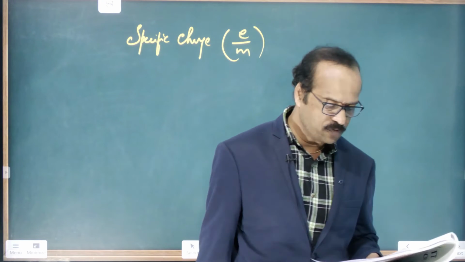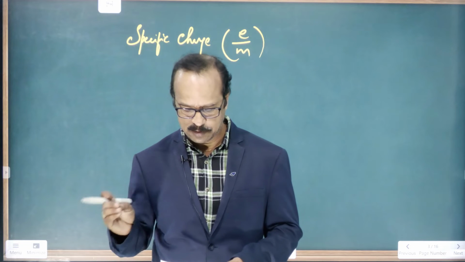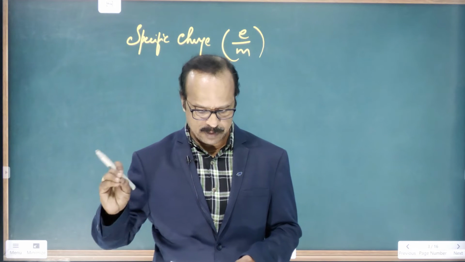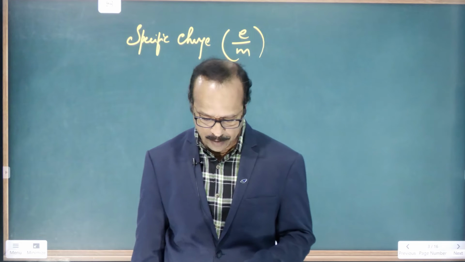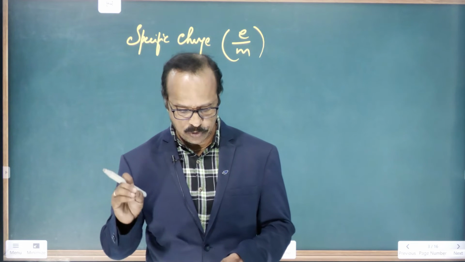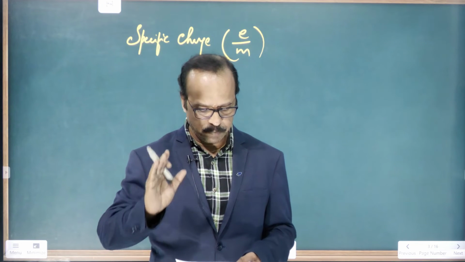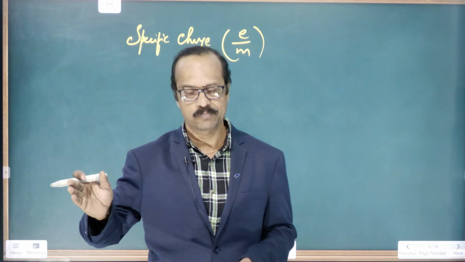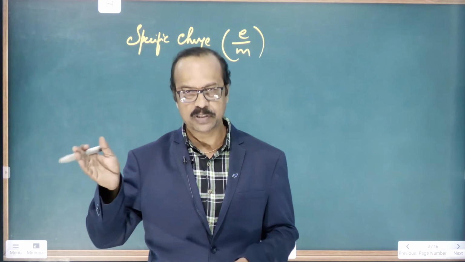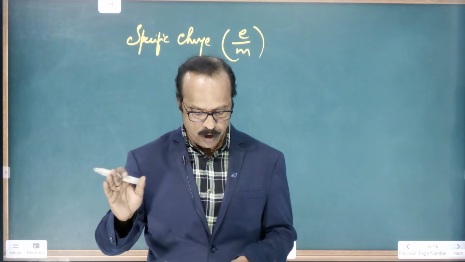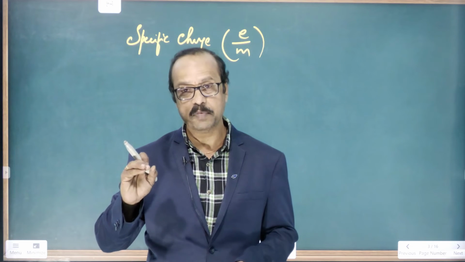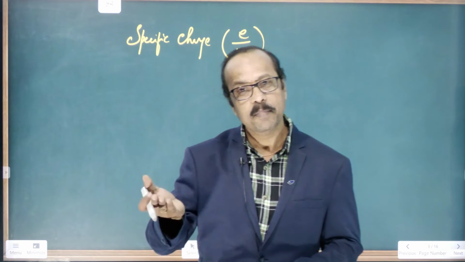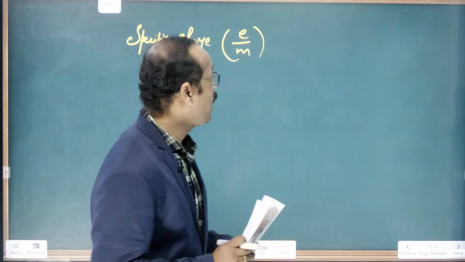The specific charge for positive rays is much less than the specific charge of cathode rays. Why? Option C: positive rays are positively charged. No. Charge on positive rays is less. No. Positive rays comprise ionized atoms whose mass is much heavier. This is the right option.